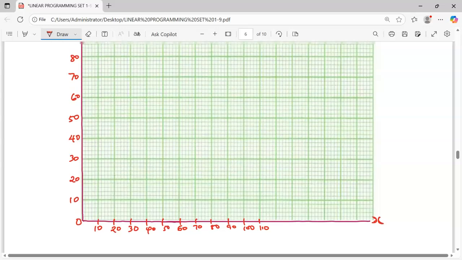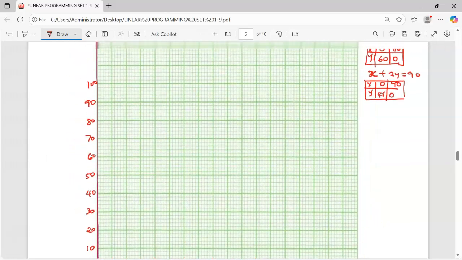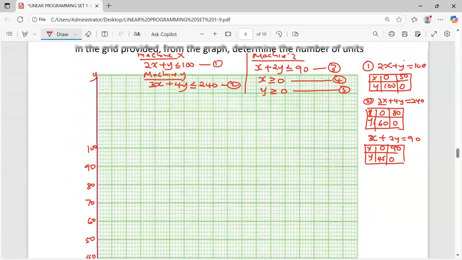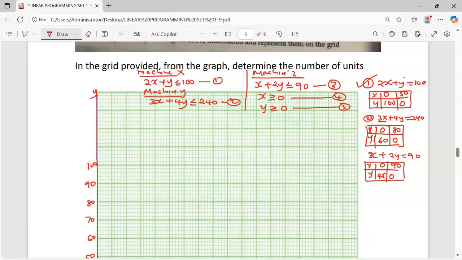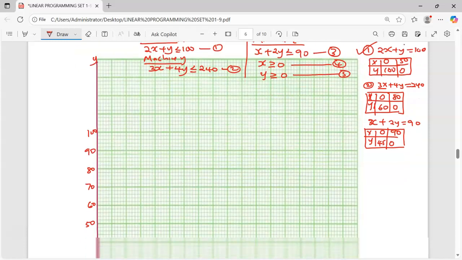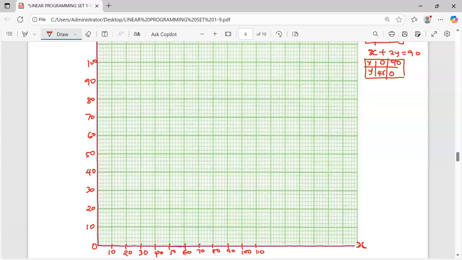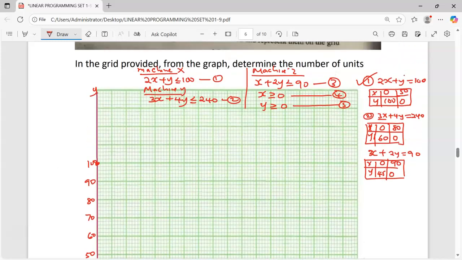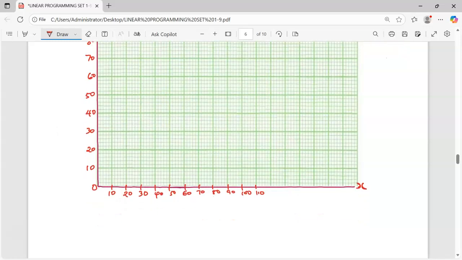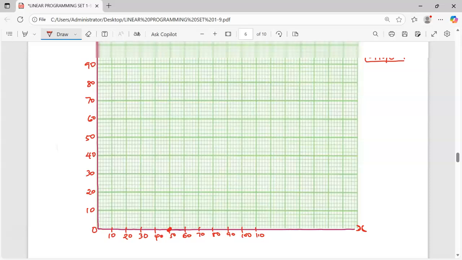Then from here, we are going to go straight and start drawing. For the first one, where we have 2x plus y is equal to 100, when the value of x is 0, y is 100 at this particular point here. And when x is 50, y is 0, x is 50 at this point, and y will be 0 here.